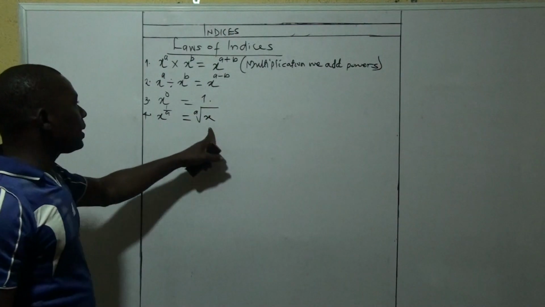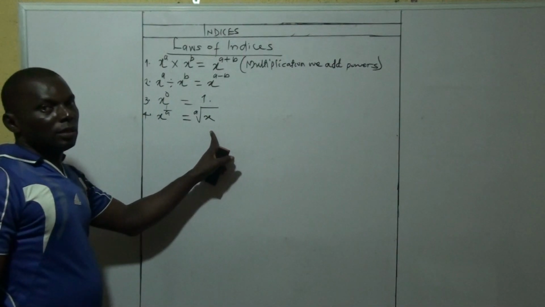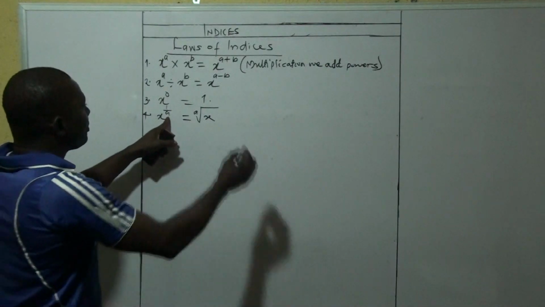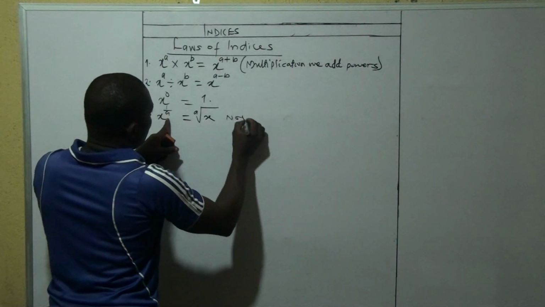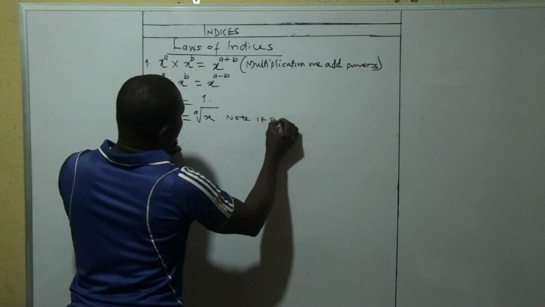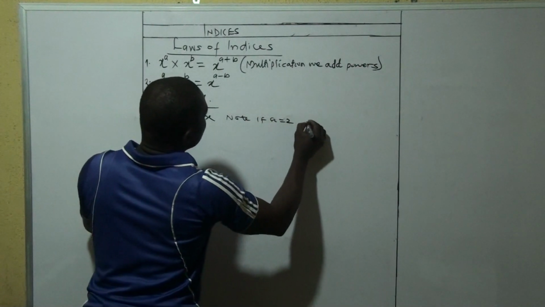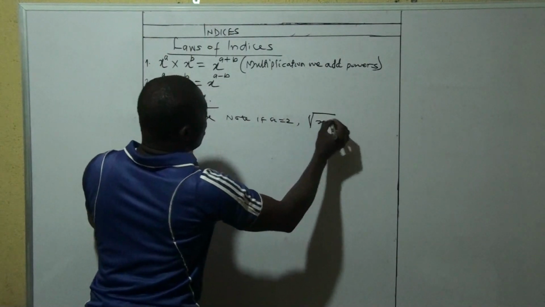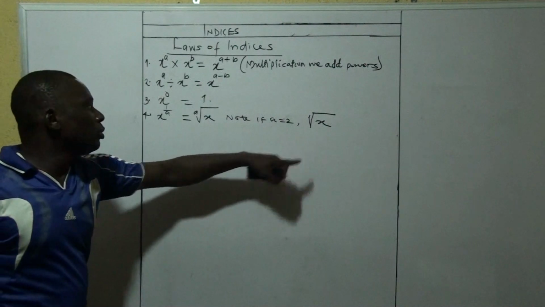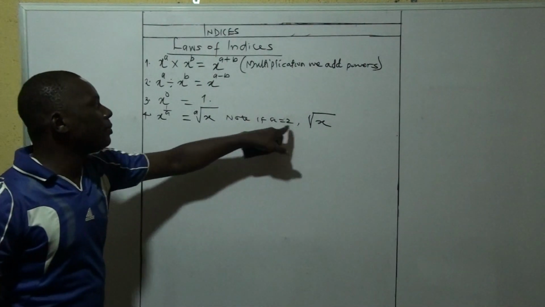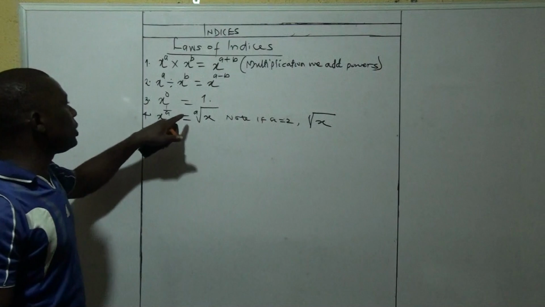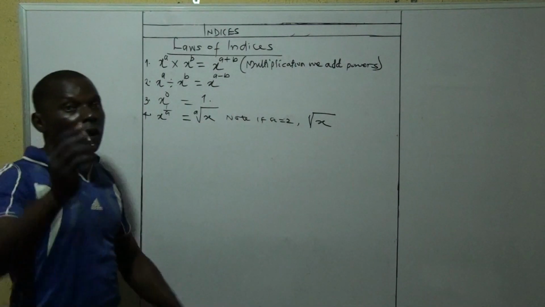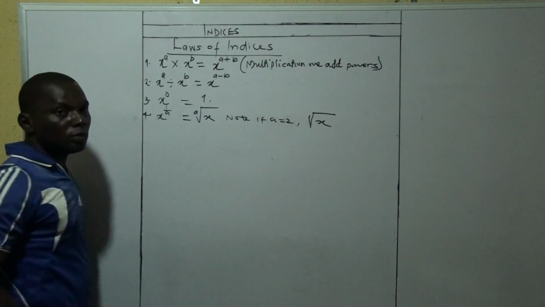Take note, if a is equal to 2, this expression reduces to just the square root of x. But apart from a equal to 2, every other one you must put it here. If a is 3, you put a cube root. If a is 4, you put fourth root, and so on, except 2.